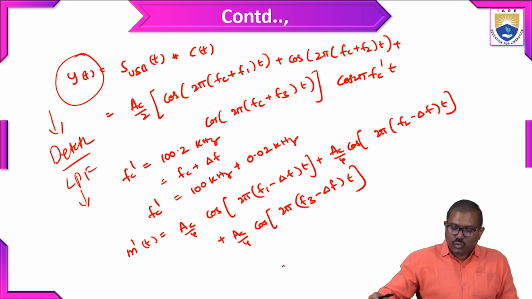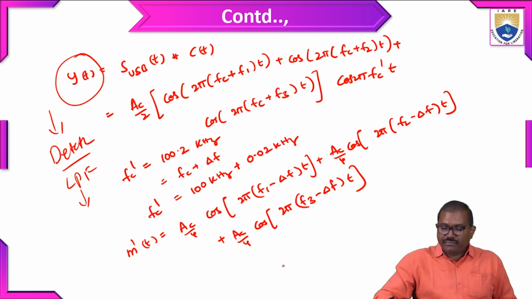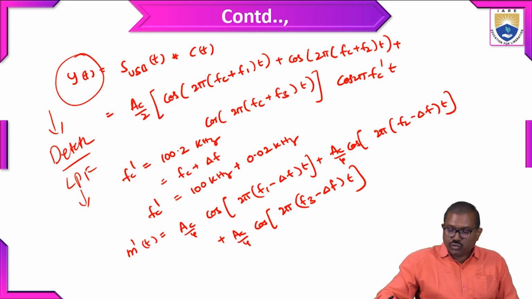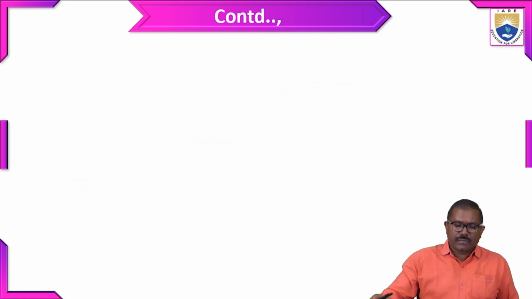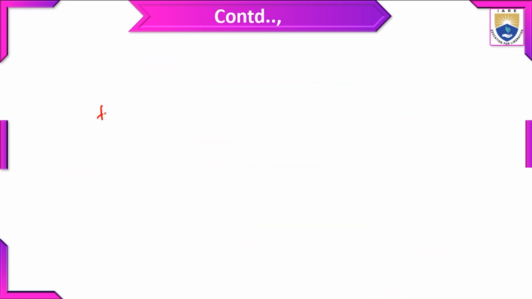Now what are F1 minus delta F, F2 minus delta F? Here we are going to see. So here F1, that means the frequency components at the detector output.